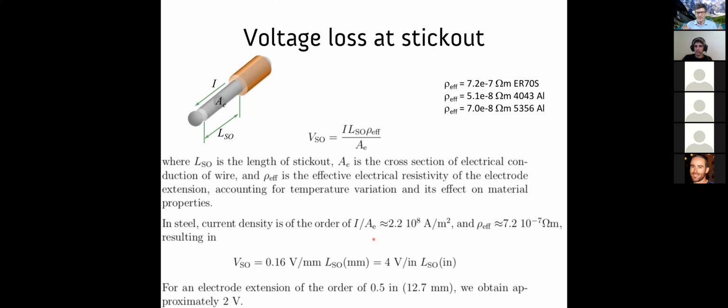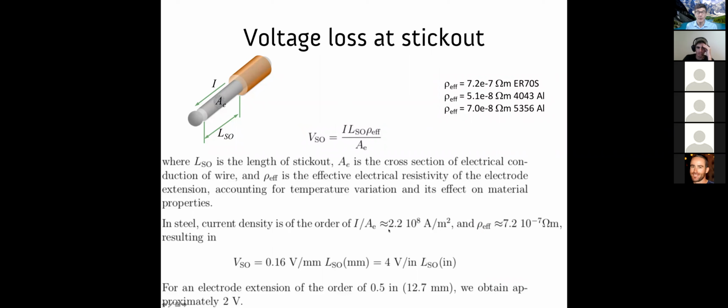But more or less, if you get the sweet spot for each wire, at what current each wire works best, you get that the current density in welding is of the order of 2.2 times 10 to the 8 amps per square meter. It's essentially 220 amps per square millimeter of wire.